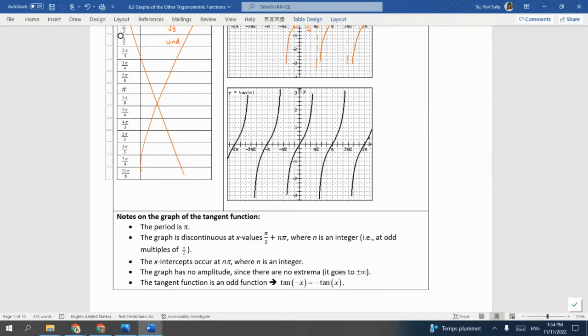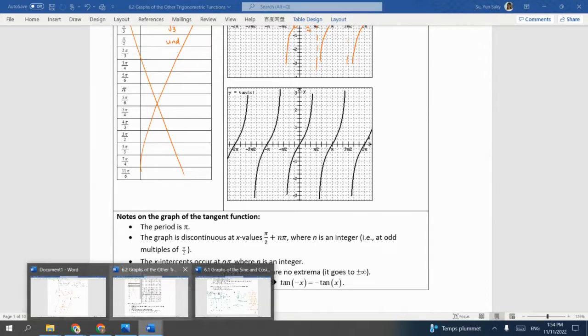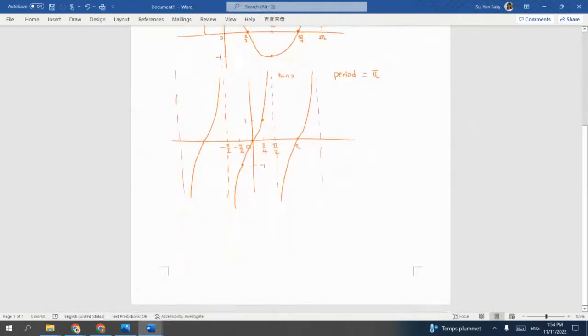Okay. So from now on, yes, this is the tangent. Now, cotangent. The key points are 0, undefined. And then at pi over 4, you get 1. At pi over 2, you get 0. At 3 pi over 4, you get minus 1.